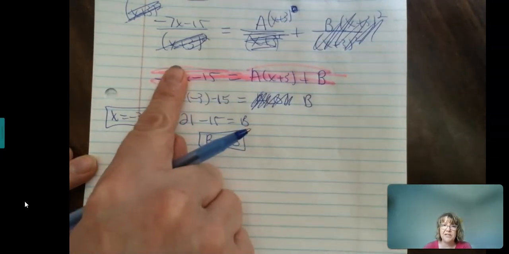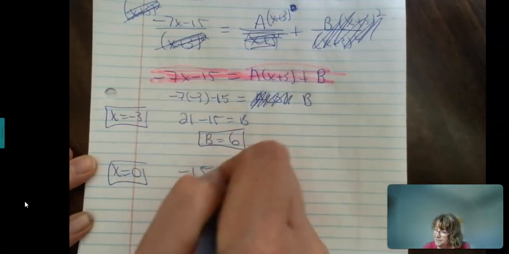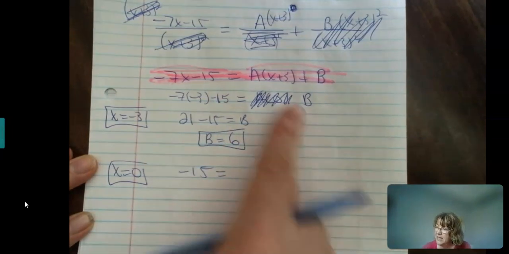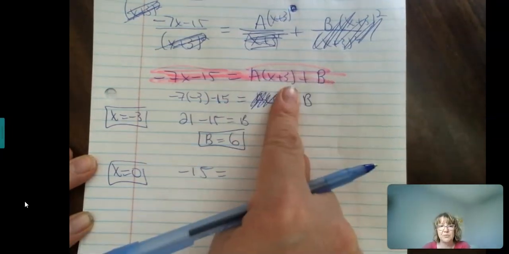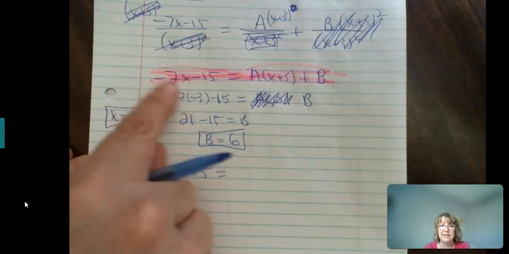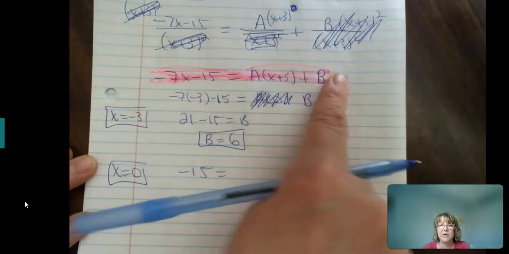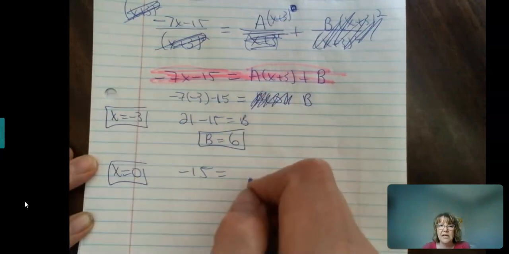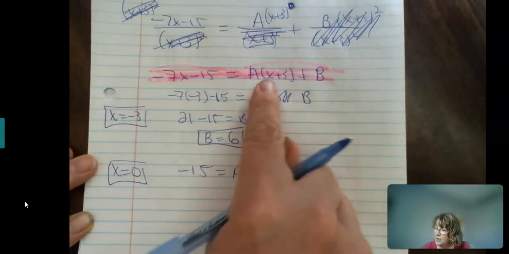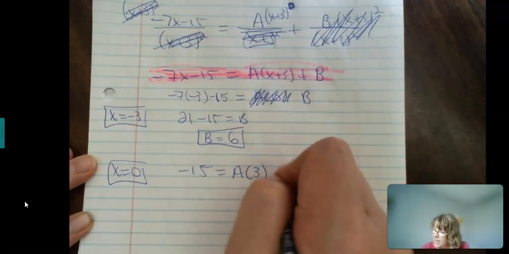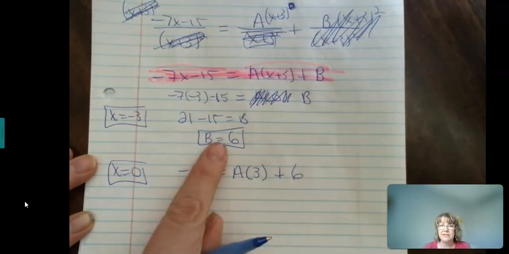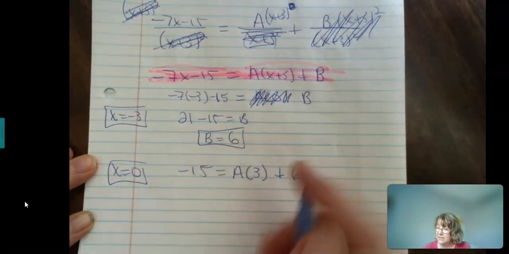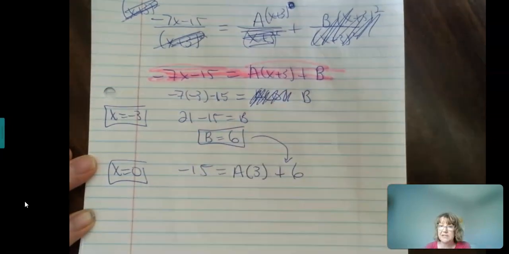It's not going to make one of my A's or B's disappear. So that equals A. If you sub in 0, that's going to be 3 plus, now the good news is you know that b is 6, so don't forget that. I'm going to stick that 6 in there because I know that.